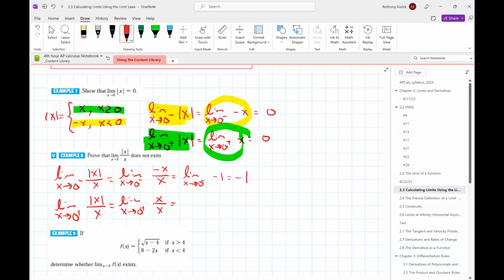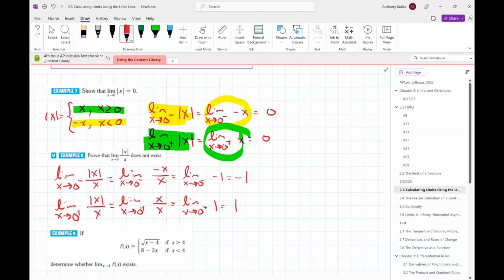Leaving me a constant. I know a constant is something I can take the limit of. And since they're different, I know that the big limit doesn't exist.